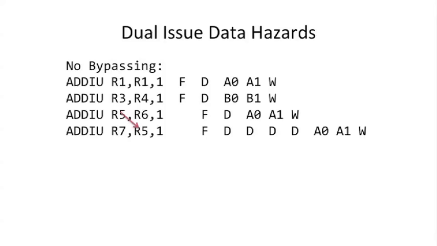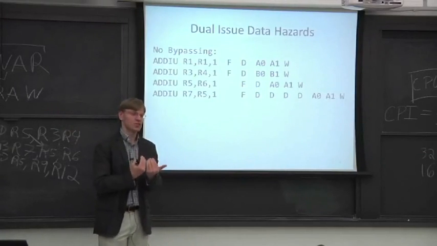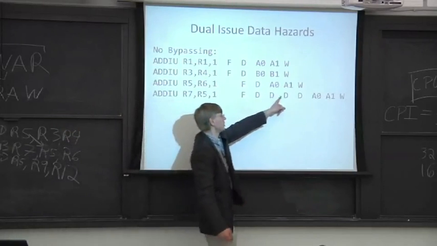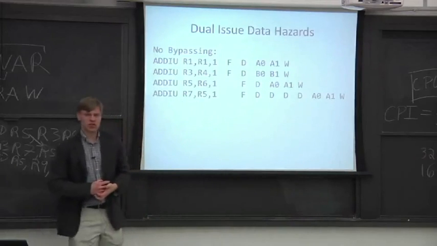And this is a read after write hazard. And because we're not bypassing in this pipeline yet, we actually have to stall the second instruction waiting for that first one, even though we could have potentially executed them at the same time. But there's a real data hazard there. So we need to introduce stall cycles into the second instruction.